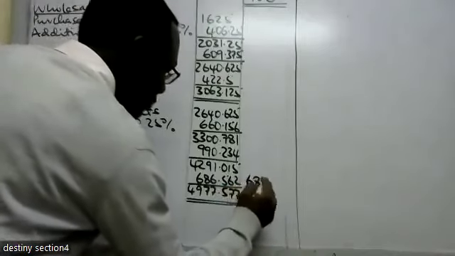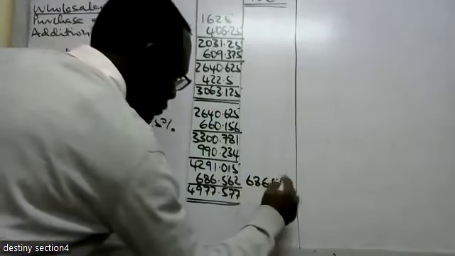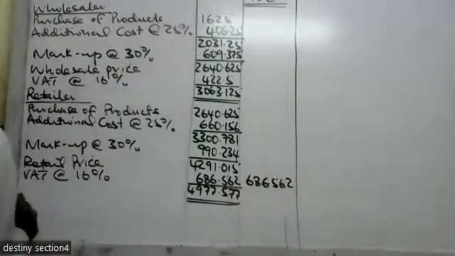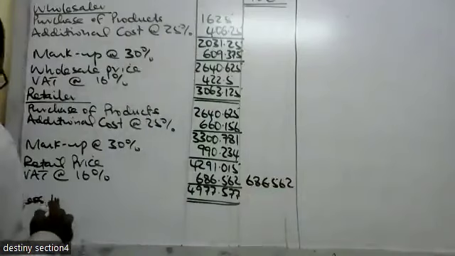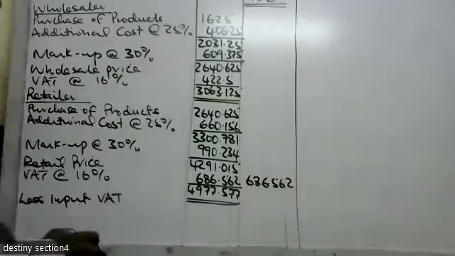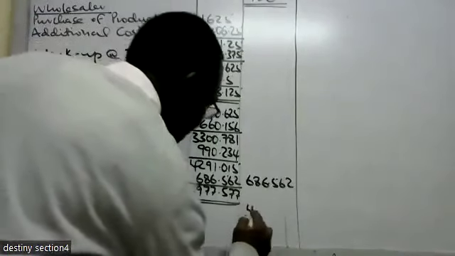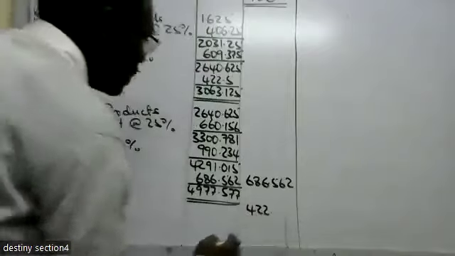The formula is output tax minus input tax. The output tax is 686.562. Then you say less input VAT. So input VAT is what they paid in the invoice price, which was 422.5.